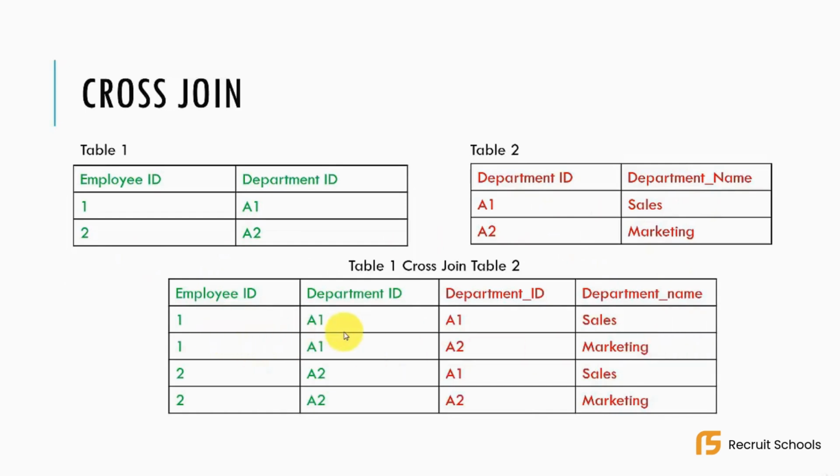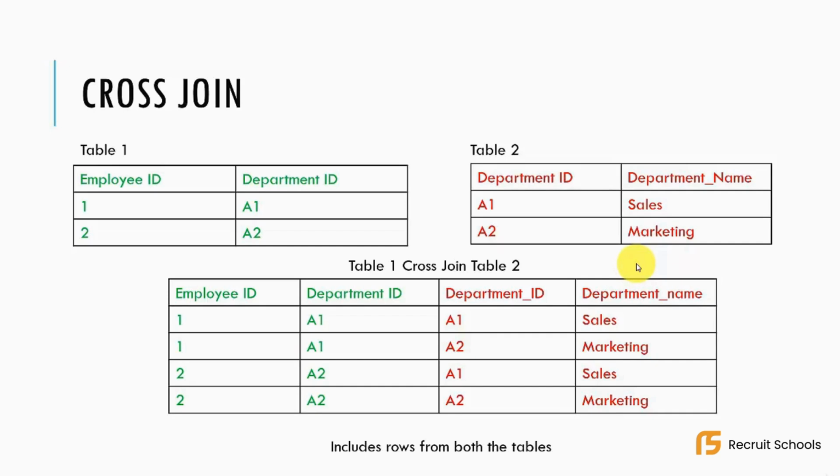So you have 1A joined with sales and marketing, right? And then 2A2 joined with sales and marketing. So every row, if you see, every row from table 1 is joined with every row from table 2. Includes rows from both the tables. So this is a very high level overview of inner joins, where we just take common rows, outer joins, which basically has multiple things.